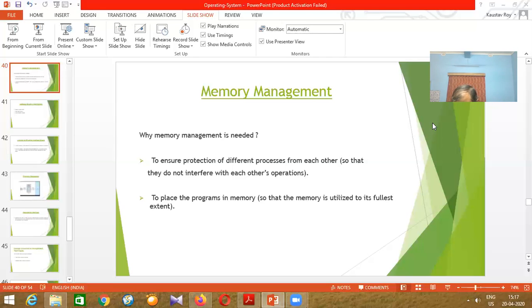Now, in most cases, a user program will go through several steps, some of which are optional, before being executed. So addresses may be represented in different ways during all those steps. For example, addresses in the source program are generally symbolic, such as count.